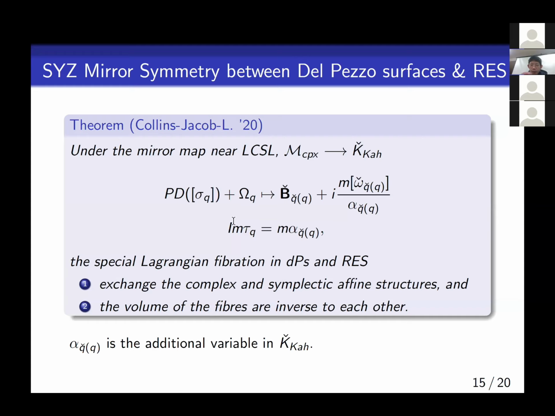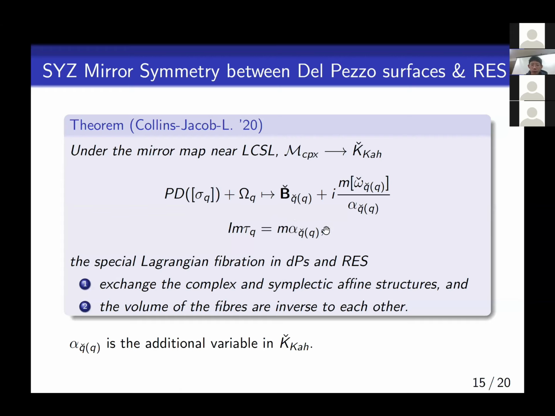Recall that the imaginary part of tau measures how this elliptic curve is degenerating, how this smooth elliptic curve is approaching the nodal elliptic curve.